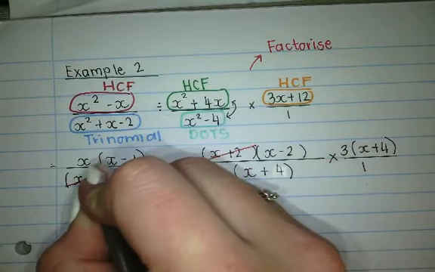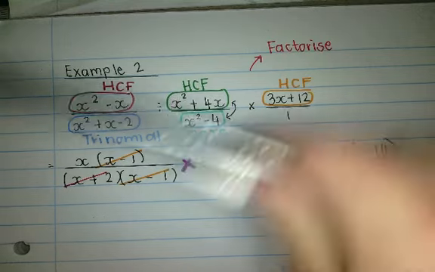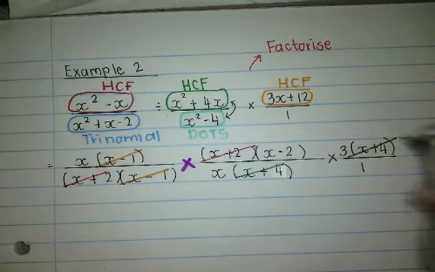Okay. I also see an x minus 1 and an x minus 1. Remember, you can cancel top with bottom. Okay, what else can you see? Good job. X plus 4 and x plus 4.